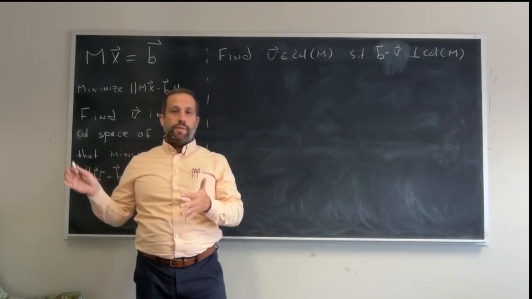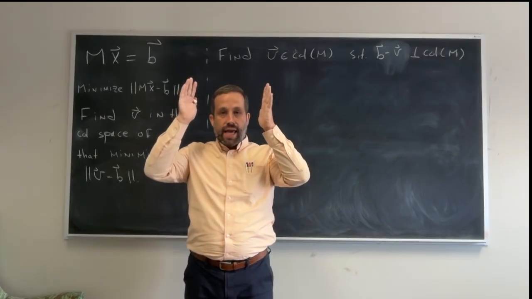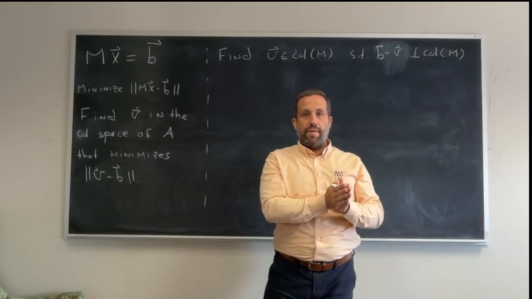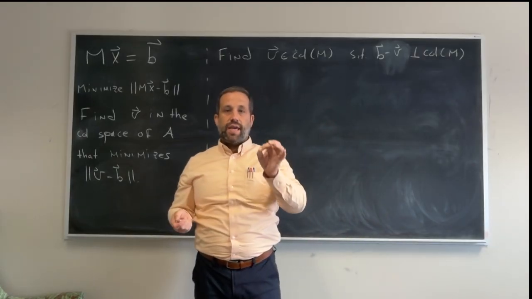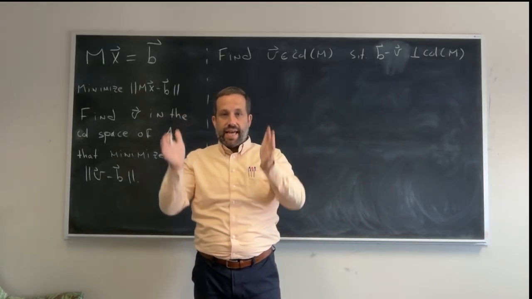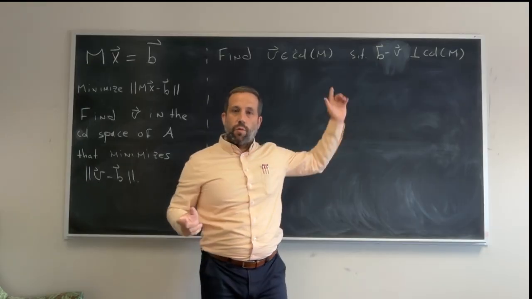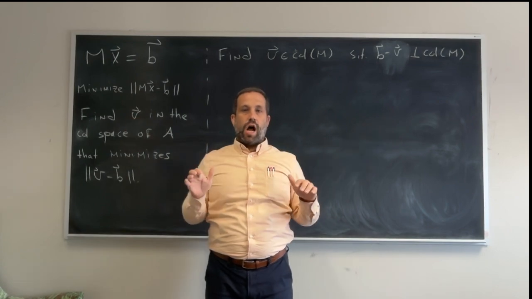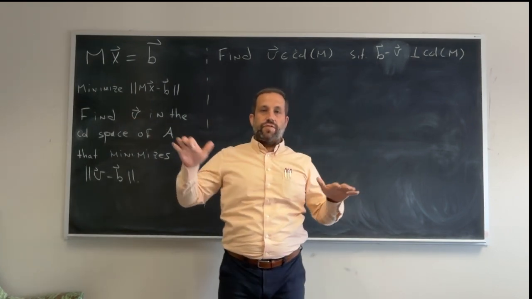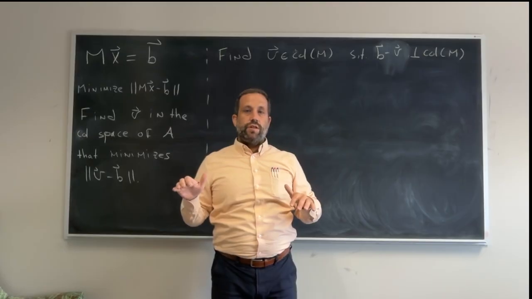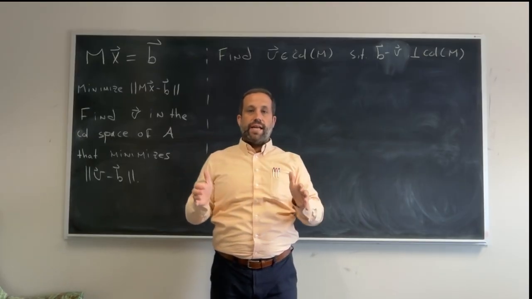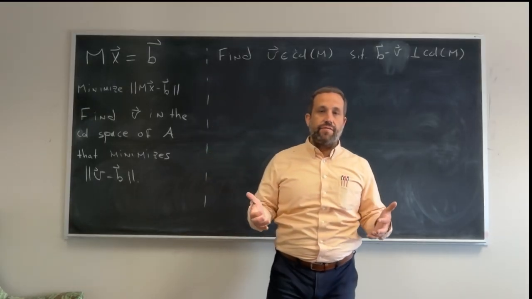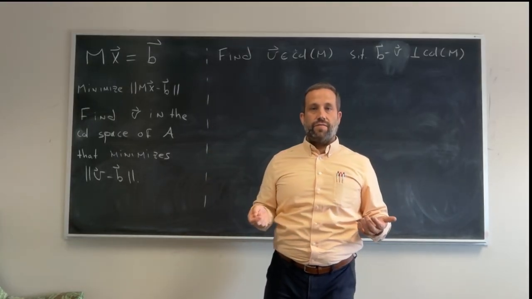Any vector, including b, can be written as something in the column space of M plus something orthogonal to the column space of M. V is the part of b that is in the column space of M, so when we do b minus v, we're subtracting off that part, and the only thing left is the part that is orthogonal to the column space of M.